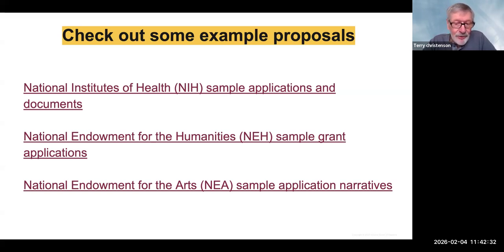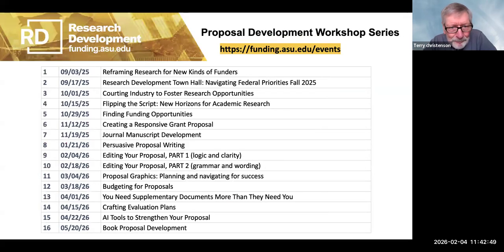So I would strongly advise you to do this. Look at successful proposals, see how they're structured, how they're worded, the nature of their content, what's the hook, that kind of thing. Okay, next slide, please.